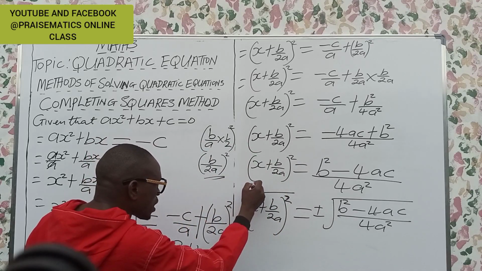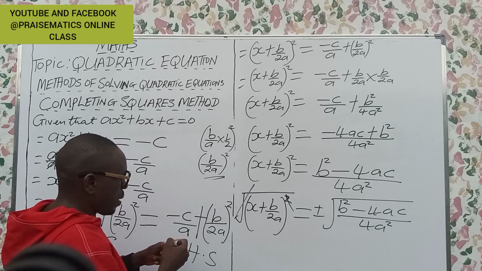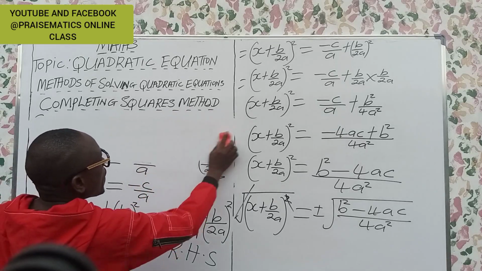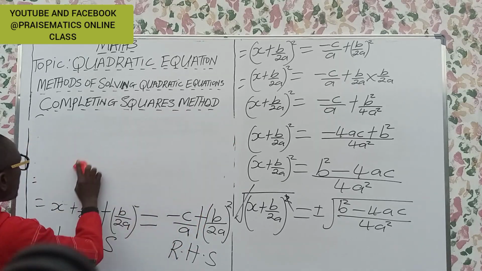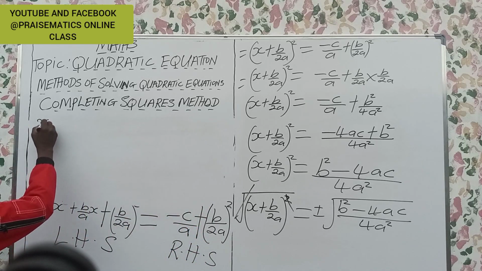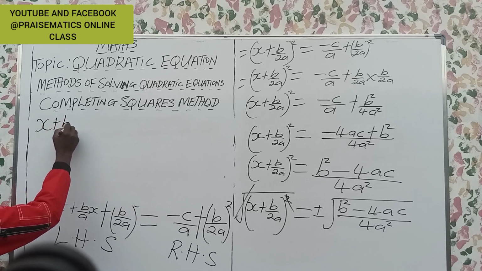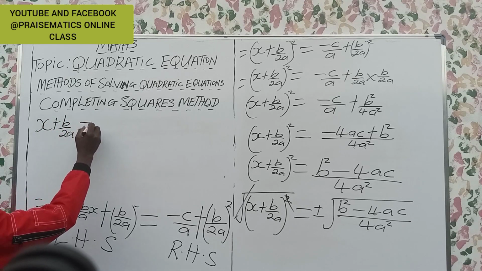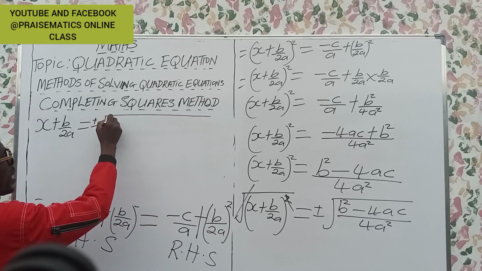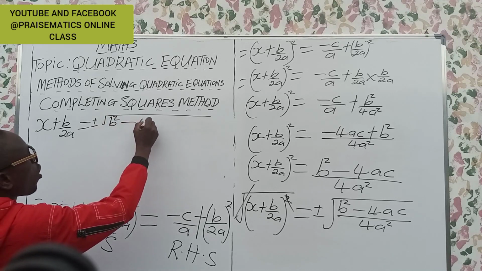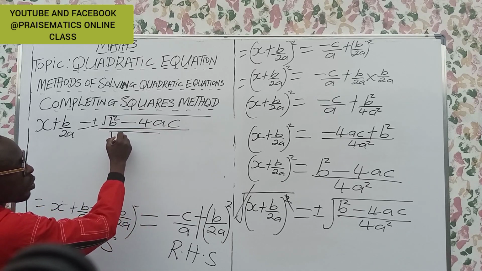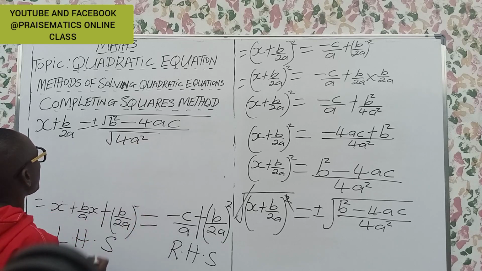Looking at this equation, this square root will cancel this square. We are left with x plus b over 2a is equal to plus or minus square root of the numerator, which is b square minus 4ac, all over square root of the denominator 4a square.